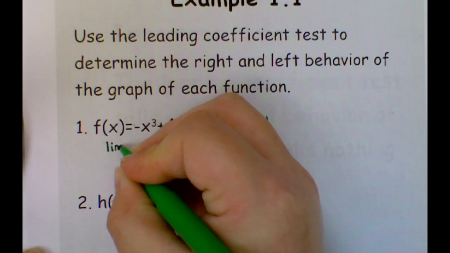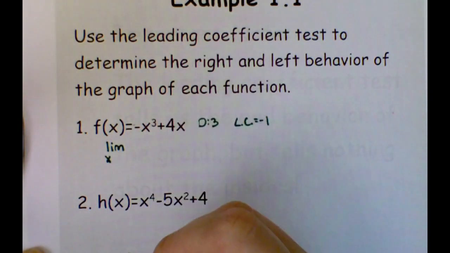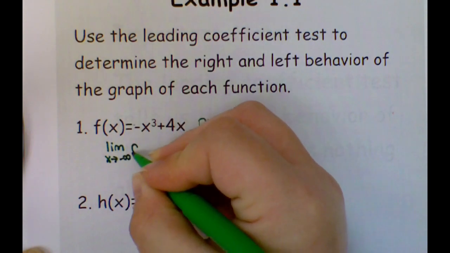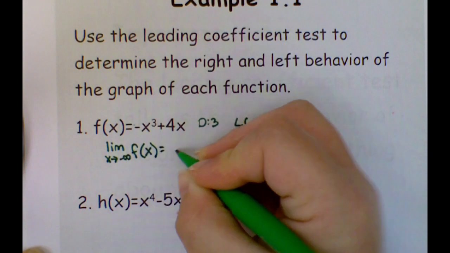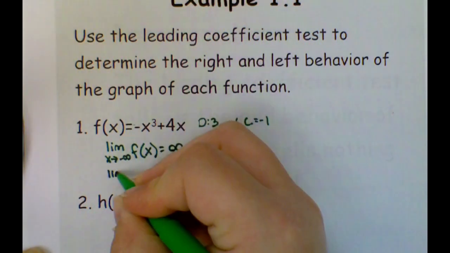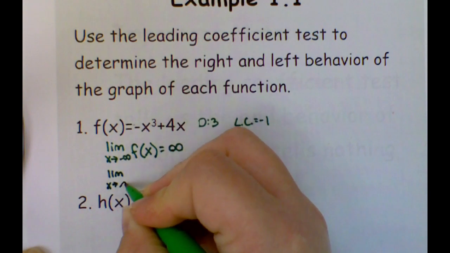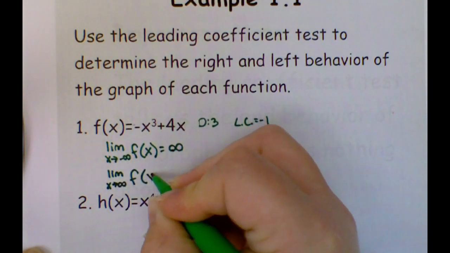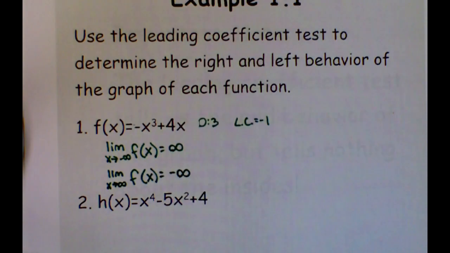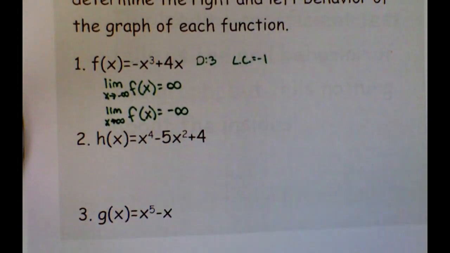That means the left side goes up, the right side goes down. So the limit as x approaches negative infinity of f of x equals infinity because left goes up. And I need the limit as x approaches positive infinity of f of x equals negative infinity because the right goes down. Yes, you have to have both of those.